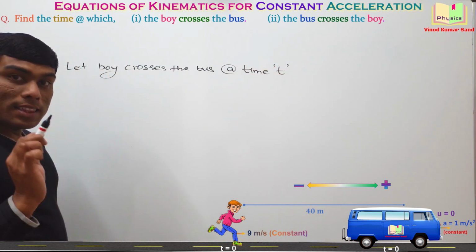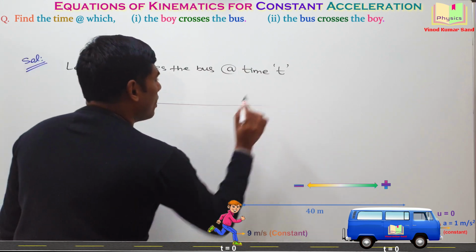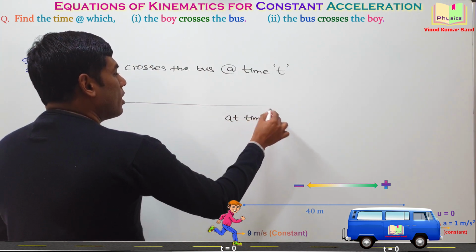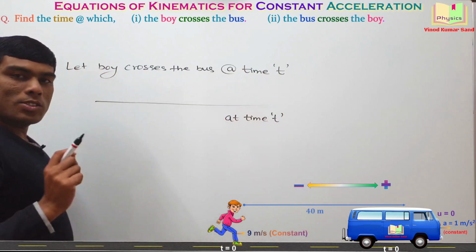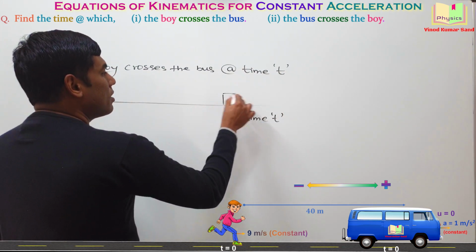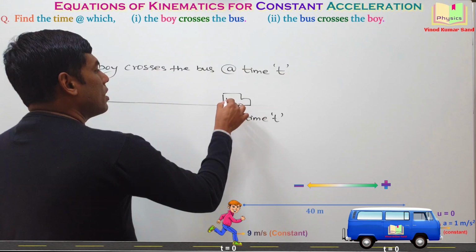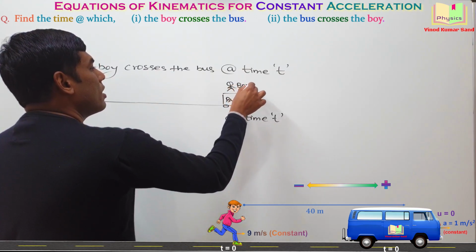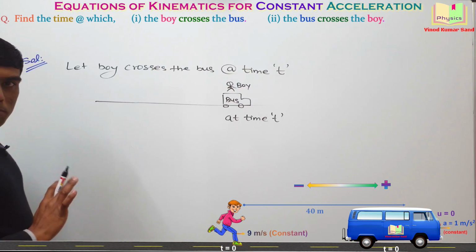Okay, and then we'll make a diagram at time t. If the boy is crossing the bus, it means the bus and the boy should be at the same position at time t.